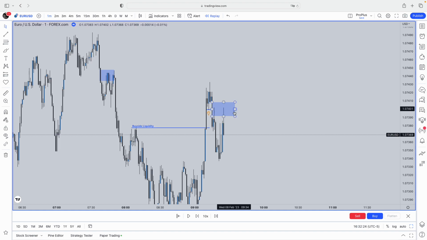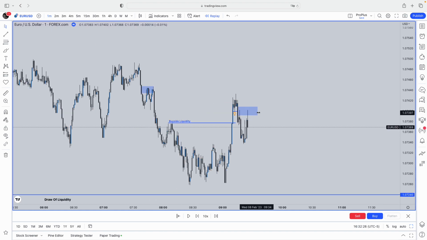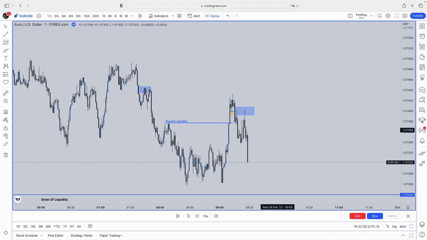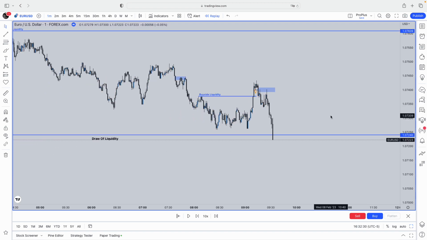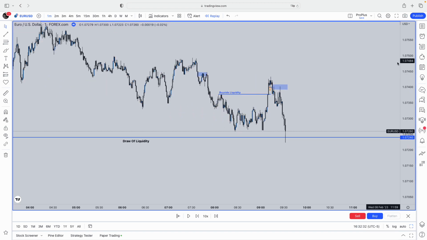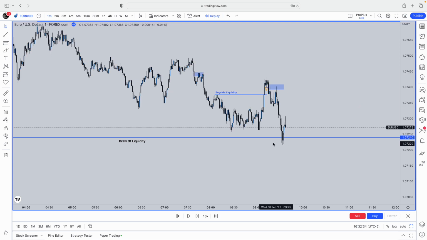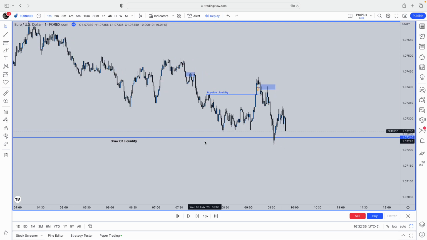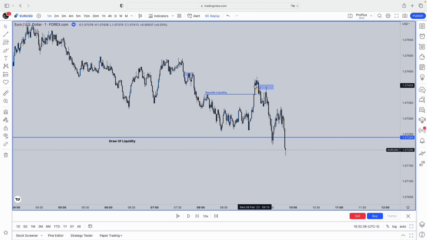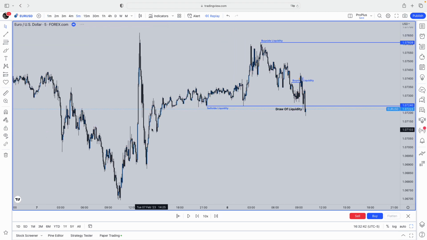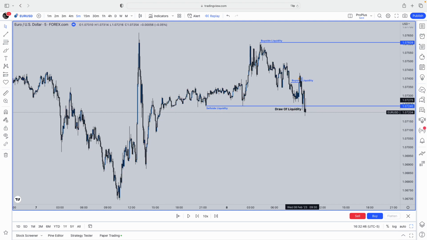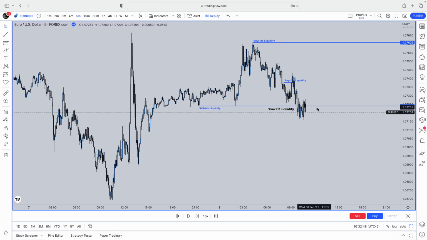Lets it have one more time for an entry before then distributing lower to take out that sell side. So people who were long here got taken out here. So it's the same thing for people who were long from this move. The market is taking them out right now.